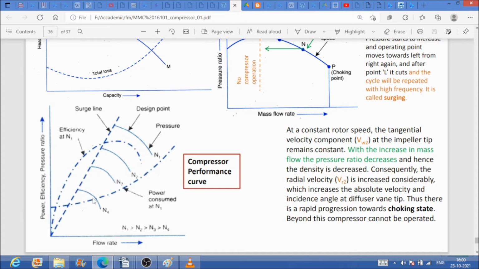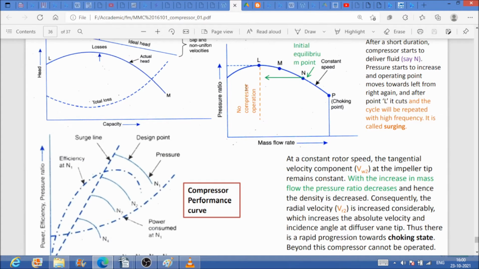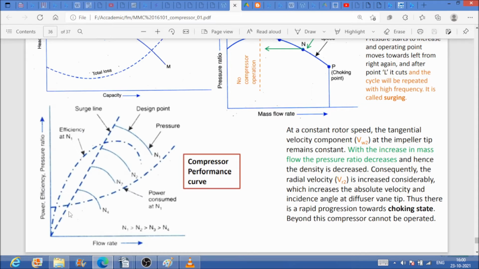Surge line means at this speed this will be the minimum mass flow rate where it is operable. If the mass flow rate decreases beyond this, then it won't work. Okay, the same thing happens here. So this part is actually shown by this surge line for different speeds.